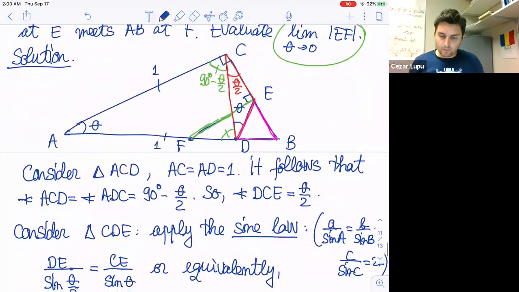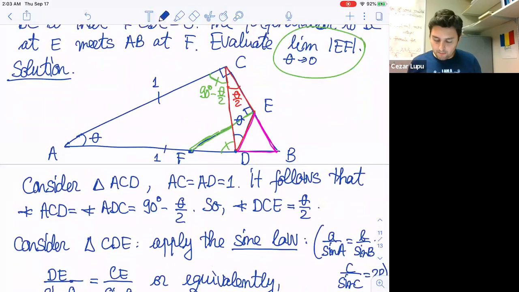So let's look at the angle EBD. I want to look at this angle. What can I say about this angle?